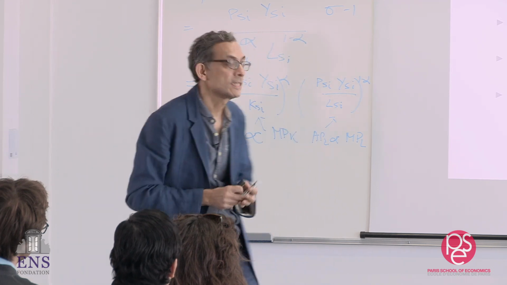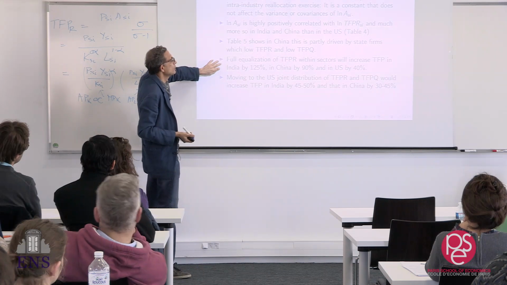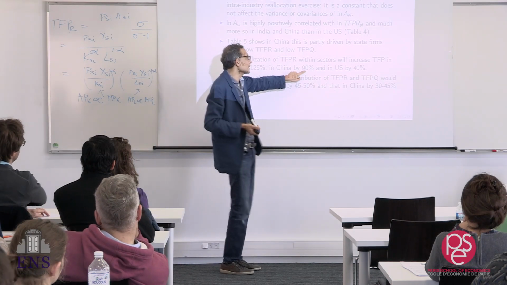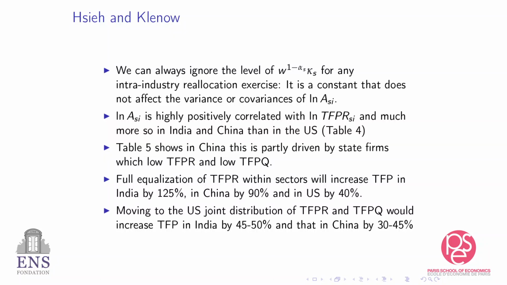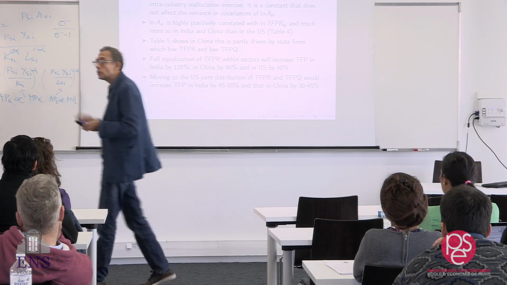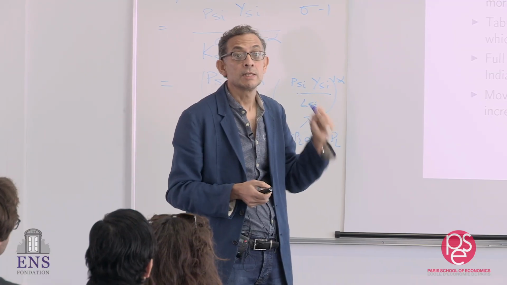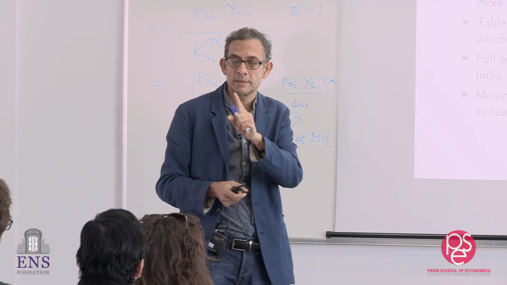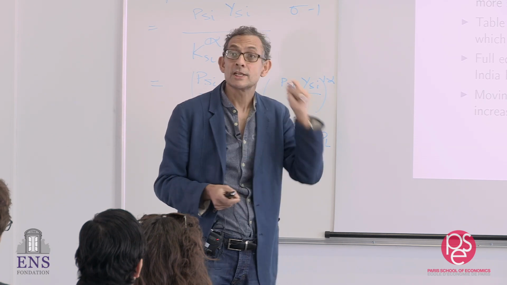So if I equalize TFPR, what would happen? Well, TFP in India would go up by 225%, in China by 90%, in the US by 40%. So these are big effects. The reason these effects are so big is because not only is there more dispersion in TFPR in, let's say, India, but the correlation is wrong.